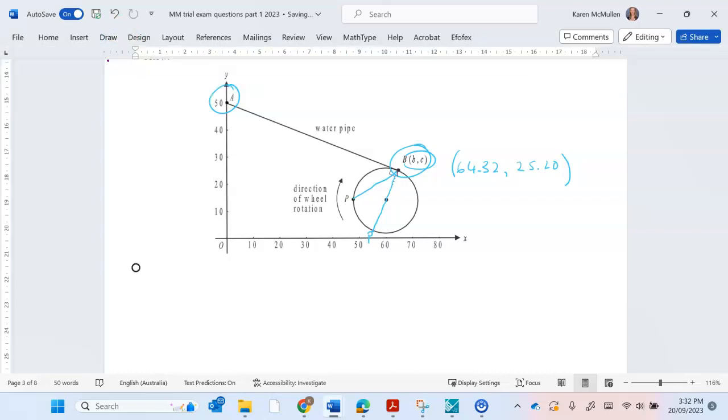If I was to go down like this and across, that's going to give me the diagonal, but it's not going to give me the distance between P and B. So let's just draw that over here.